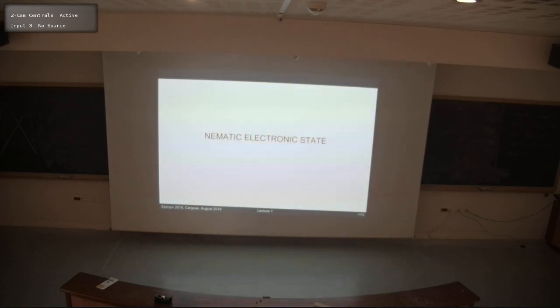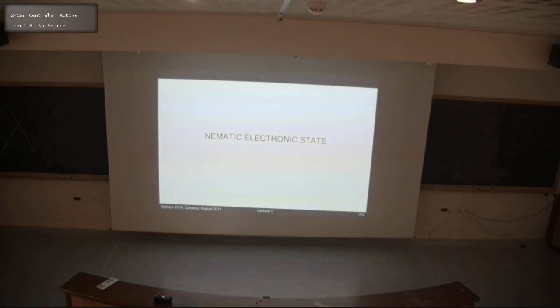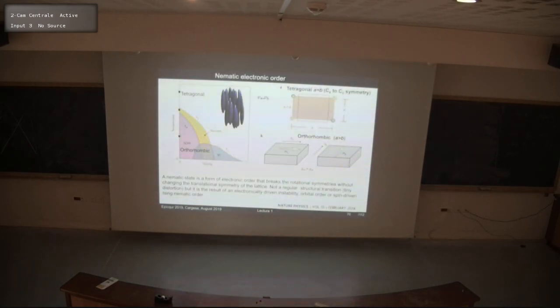Okay, so now a bit about the nematic electronic state. I mentioned earlier that at the first transition, happening at high temperature, it looks like the system develops strong anisotropy in plane. So it loses its C4 rotational symmetry, and it's called a nematic electronic state.